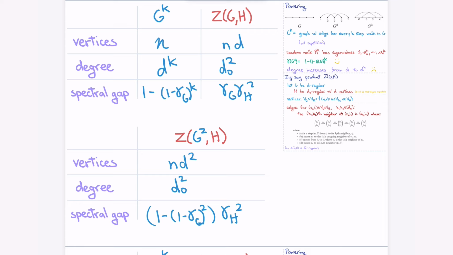So that's 1 minus gamma that gets powered. So, okay, what happens when we work this out? We get 2 gamma G minus gamma G squared, is that correct, times gamma H squared.